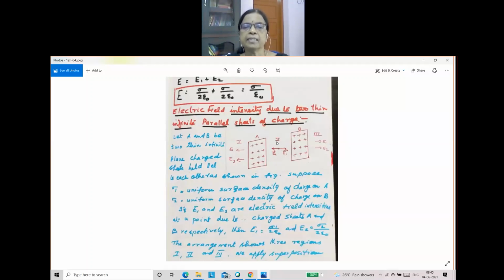Sigma by 2 epsilon 0? Sigma by epsilon 0. Here it is 0, Pavitra. Even in region 1 and region 3 it is 0. But in between, it is sigma by epsilon 0. That is what we have seen.